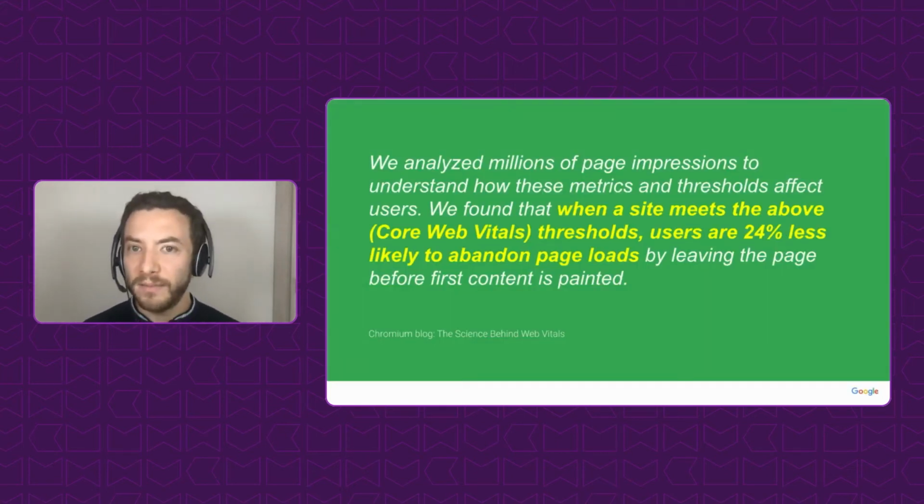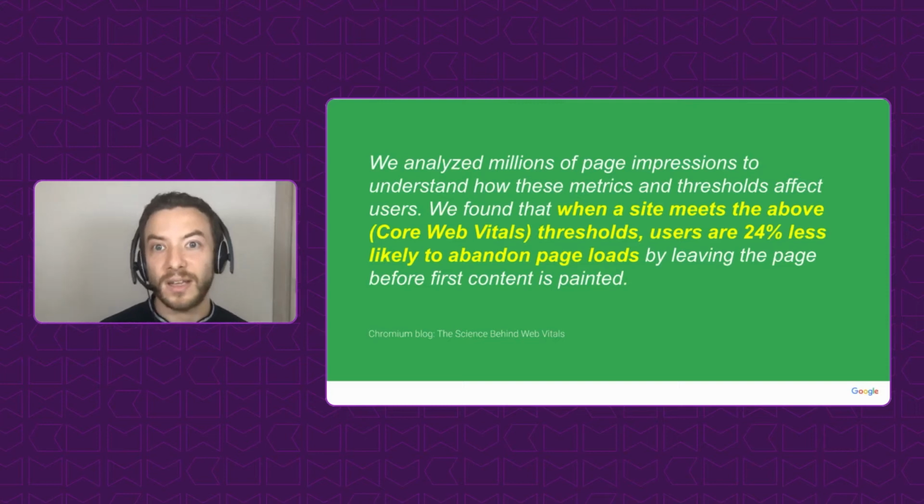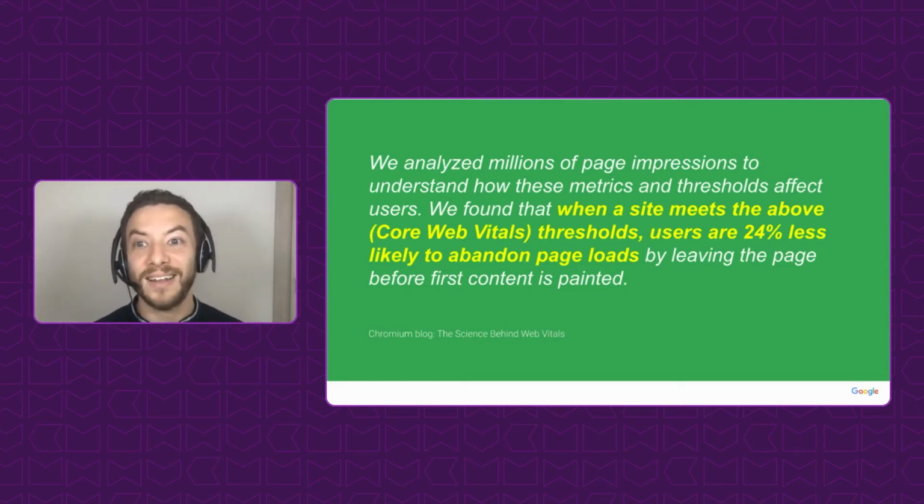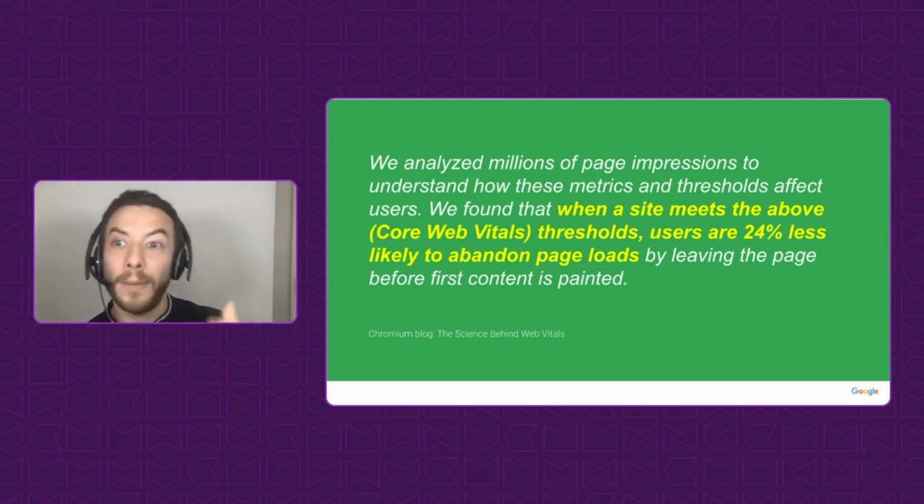Okay, this metric sounds really interesting from a technical point of view, but what's the impact? Well, we did some research at Google and we analyzed millions and millions of page impressions. And we found that if a site meets these thresholds, users are 24% less likely to abandon page loads by leaving the page before a first contentful paint event is painted.